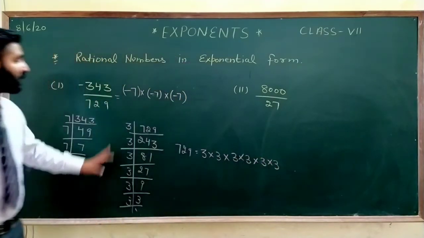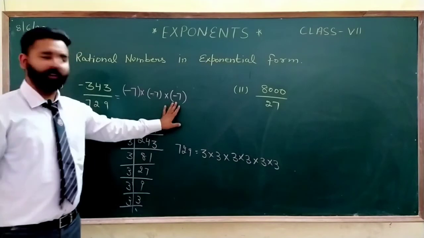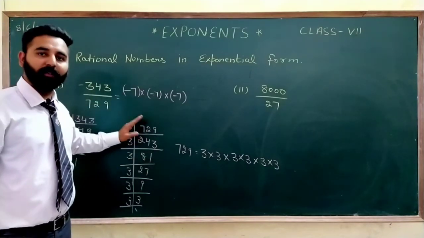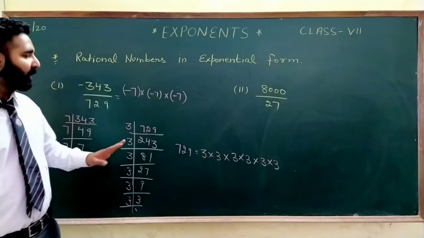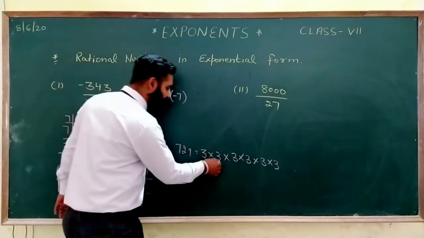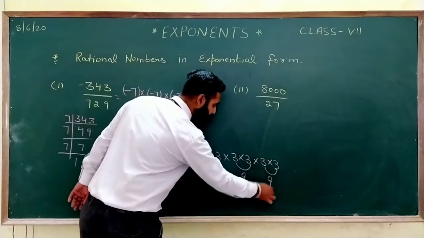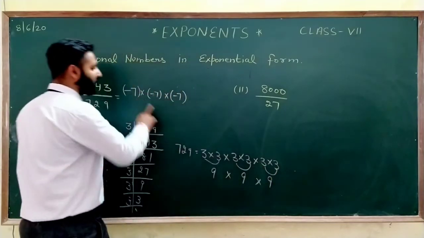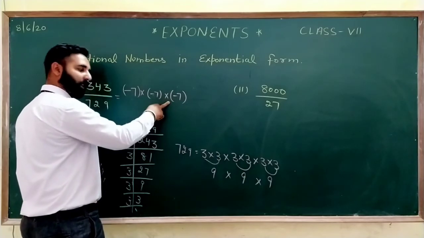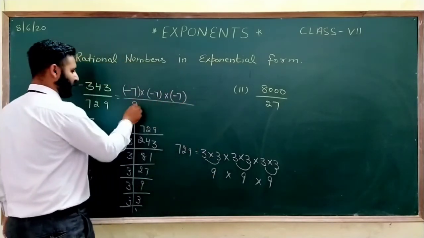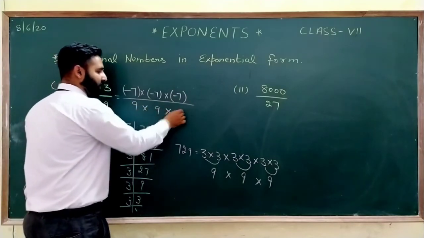Fine. Now in the numerator we are having 3 factors. So try to make the same number of factors in the numerator as well as the denominator if possible. Like here I can make 9 into 9, 9, 9. So the number of factors in the numerator is 3, and in the denominator also I will get 3.